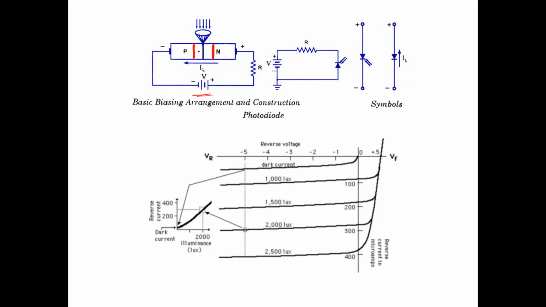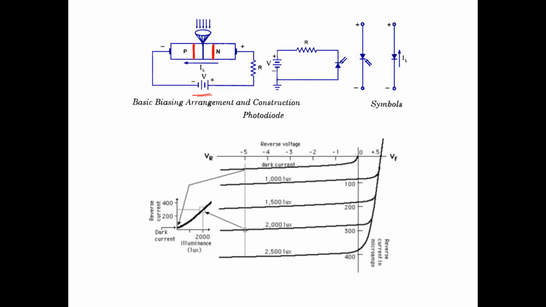If the electron is dislodged from the valence band, then an electron hole pair will be created, and in presence of the barrier potential present due to the depletion region, the created electrons and holes will be deflected to opposite sides, and this will eventually result in a flow of current.